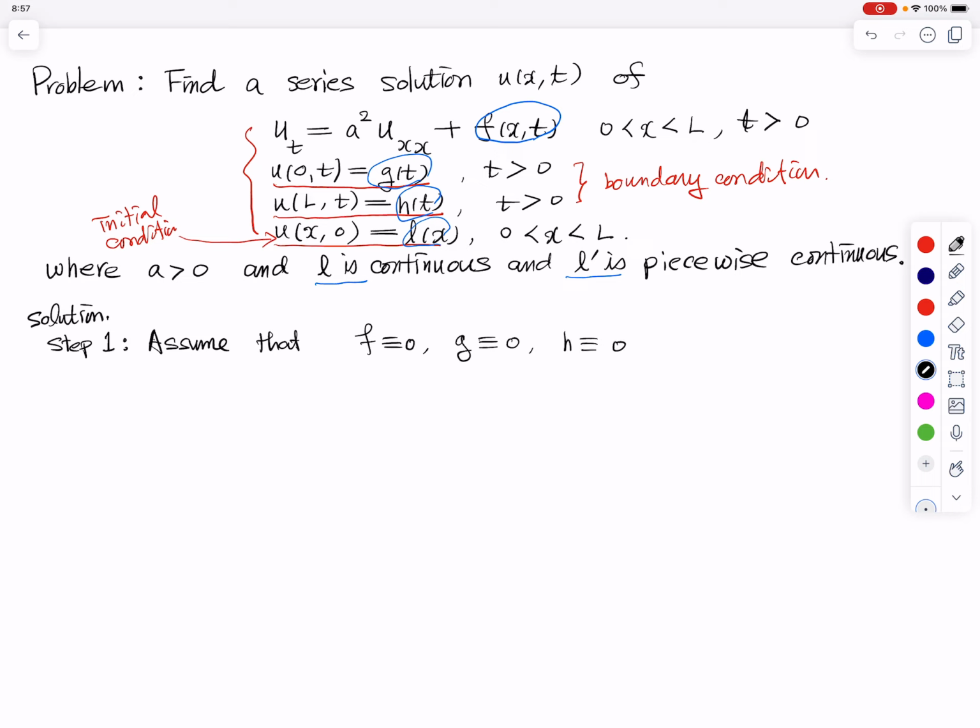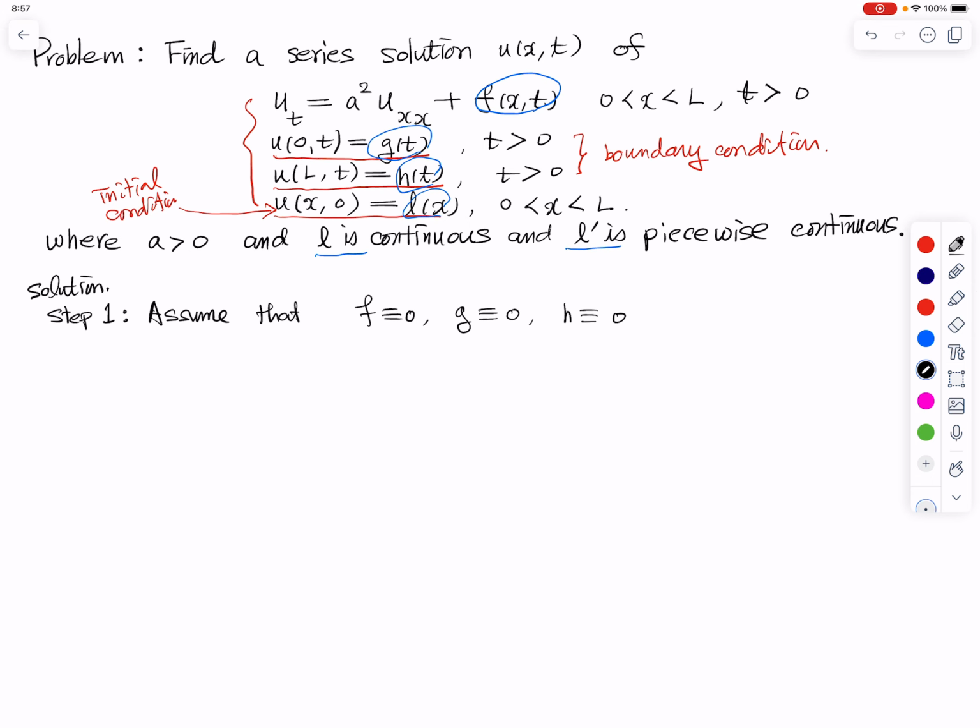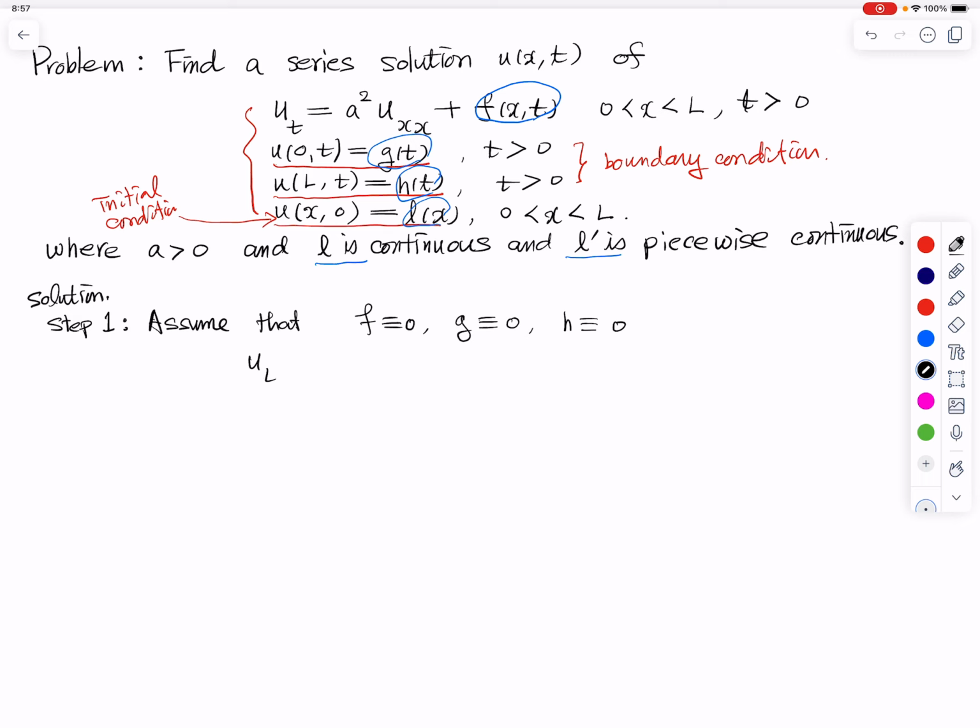In this case you have u_t equals a squared u_xx, x between 0 and L, t positive, u(0,t) equals 0, u(L,t) equals 0, and u(x,0) equals l(x).